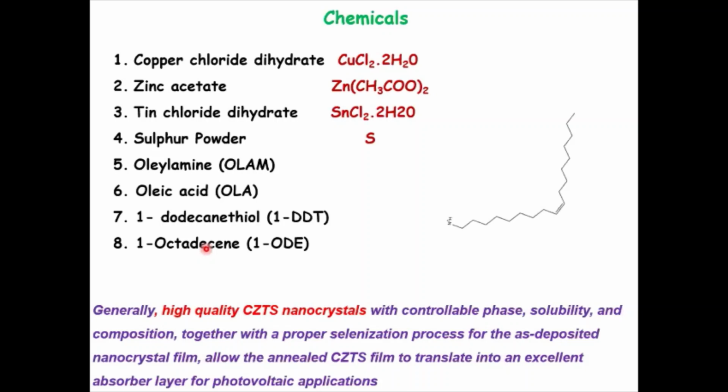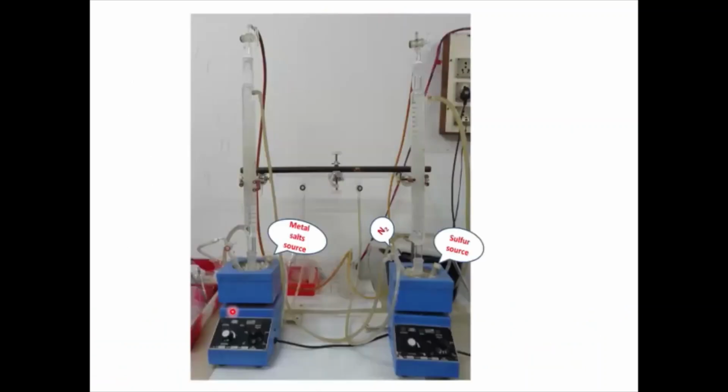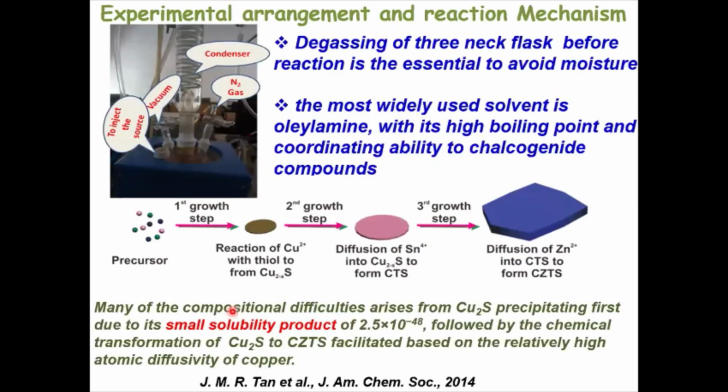For the preparation of copper zinc tin sulfide, though we can get the compound, the stoichiometric preparation of Cu2ZnSnS4 is not so easy. So you have to be more careful with this system which we have used to prepare this CZTS. We have to be careful with the reaction scheme.